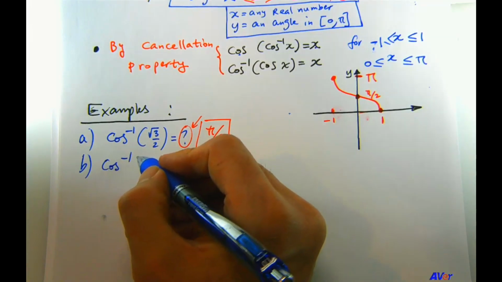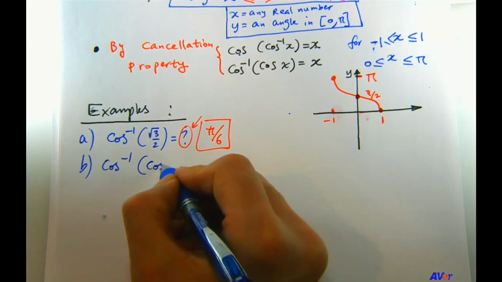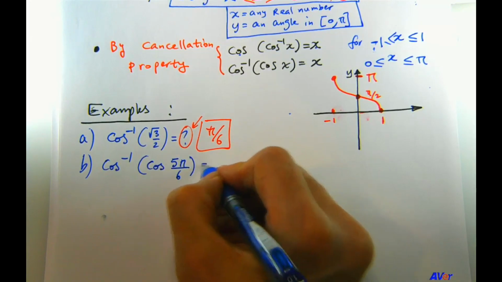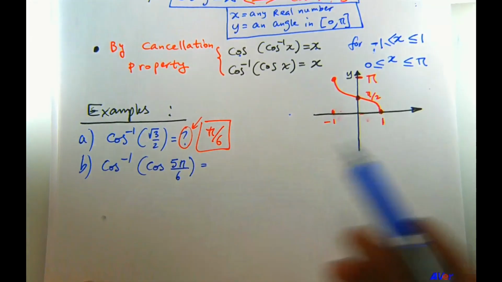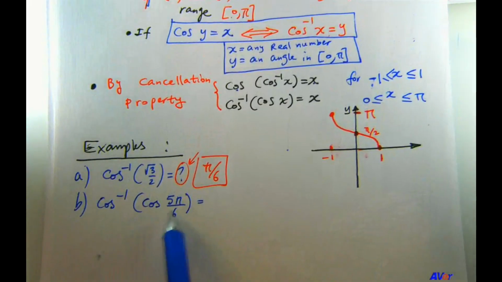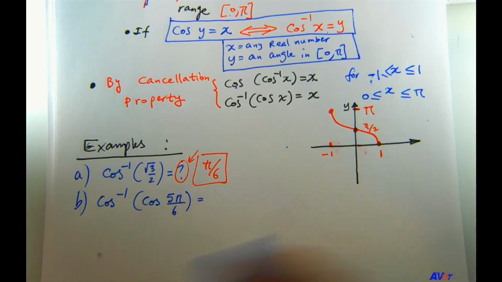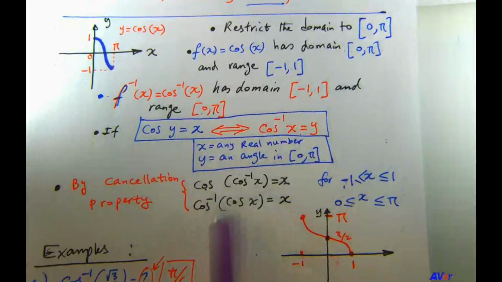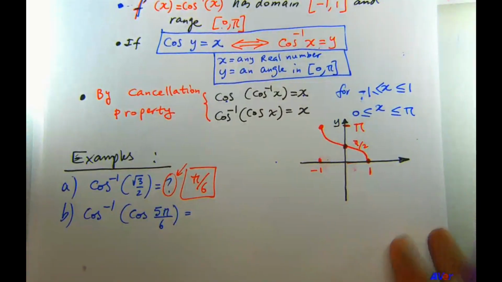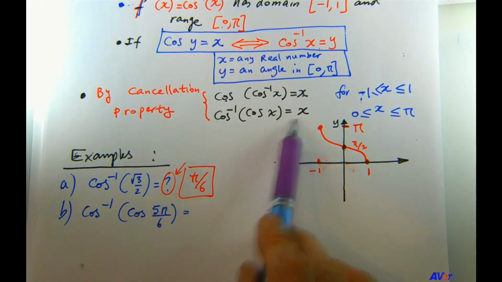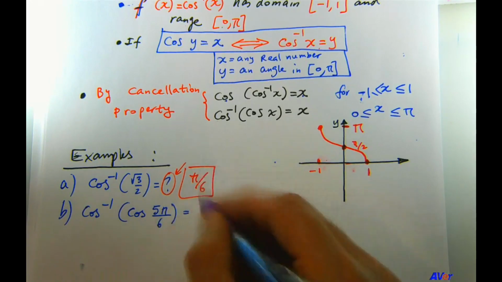inverse cosine of 5 pi over 6. So this is an easy one, right? This is an easy one because by cancellation property, this is going to equal 5 pi over 6. So by cancellation property, which we have in here, it's this property: inverse cosine of cosine of 5 pi over 6 is equal to 5 pi over 6, which is x, right?